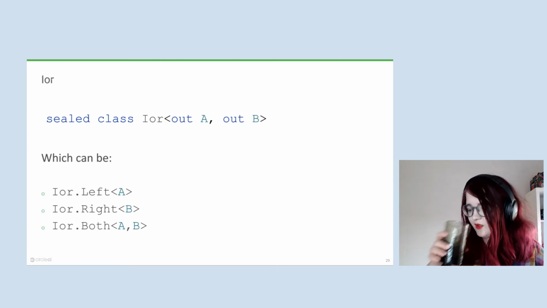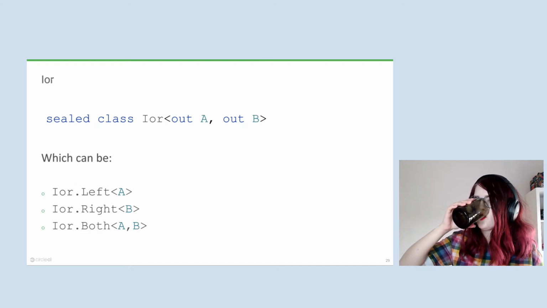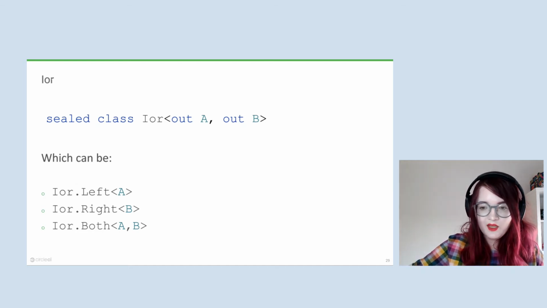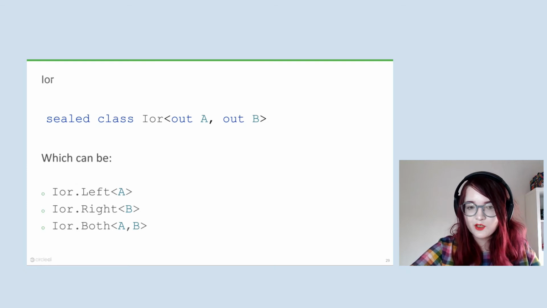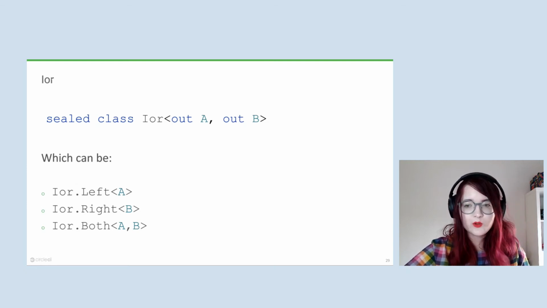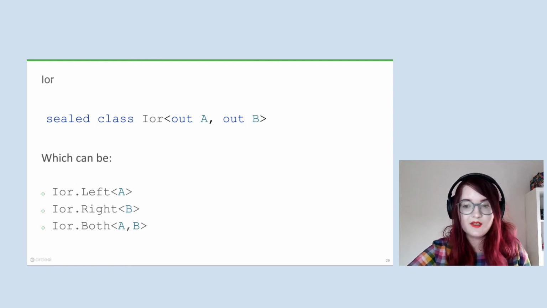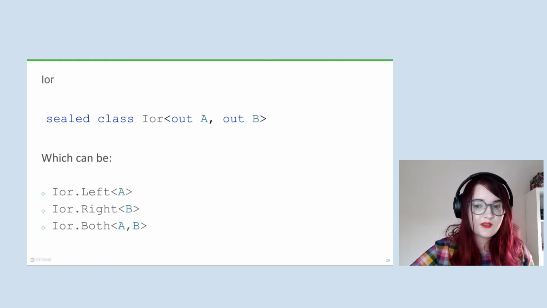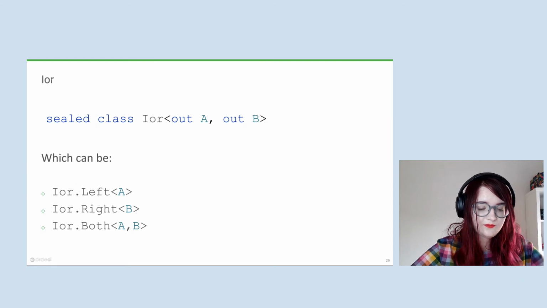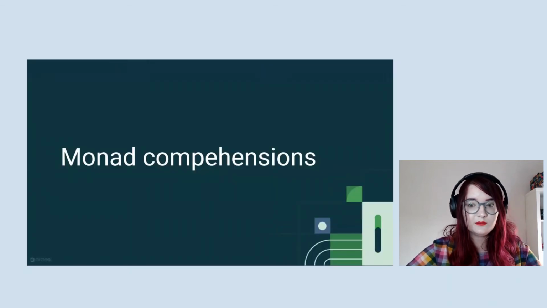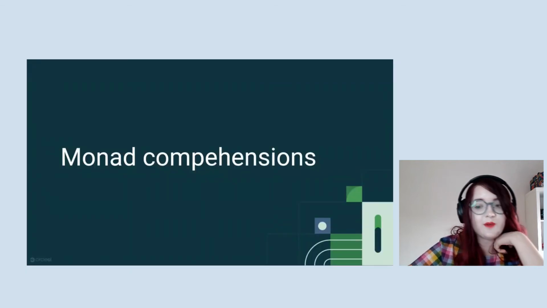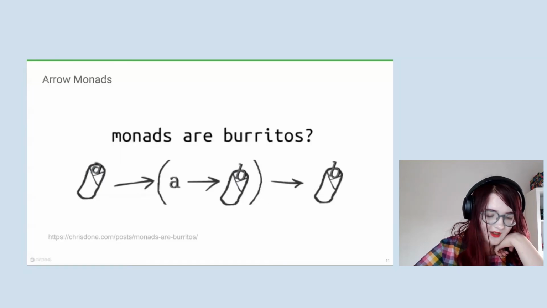And the most popular option for all this error handling, I would say, is either. And what's interesting with either is that it is a monad. And why is it important for us?